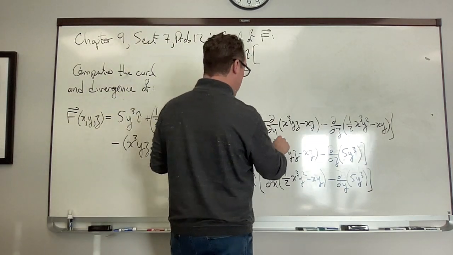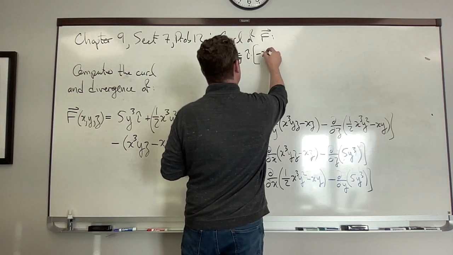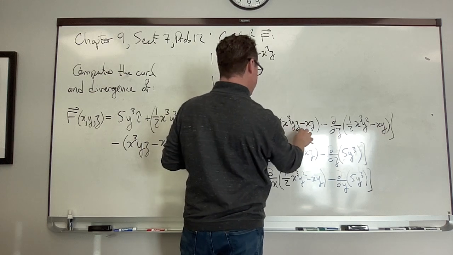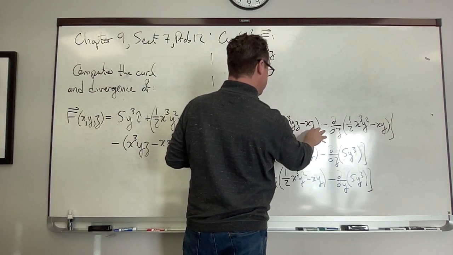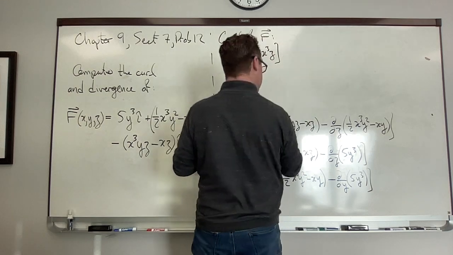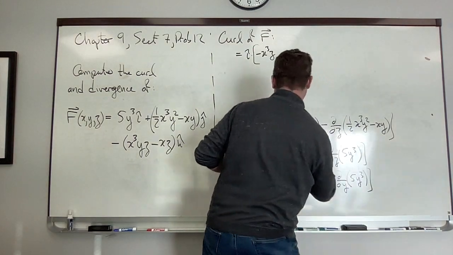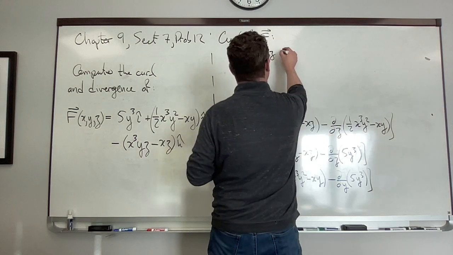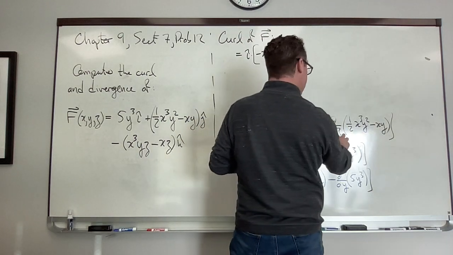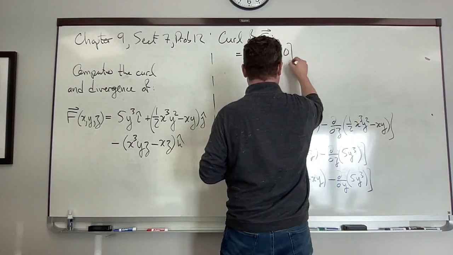So ∂/∂y, we go through here, and we'll have minus x cubed z, and then minus, this term doesn't depend on y, so that's just that. That was just the first part, and then I go minus ∂/∂z of the first term is 0, and then the second term is 0. This whole thing doesn't depend on z, so it's all 0.